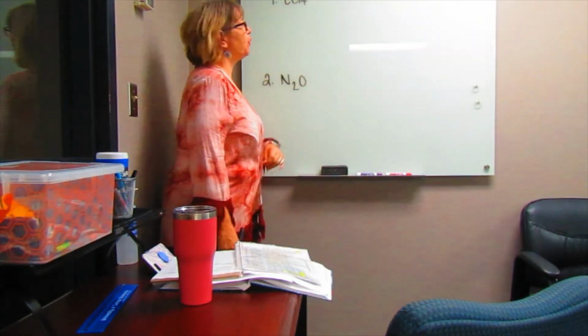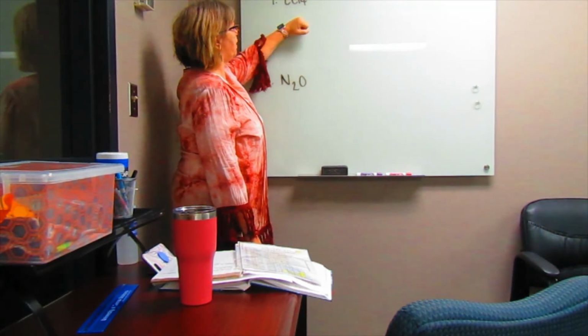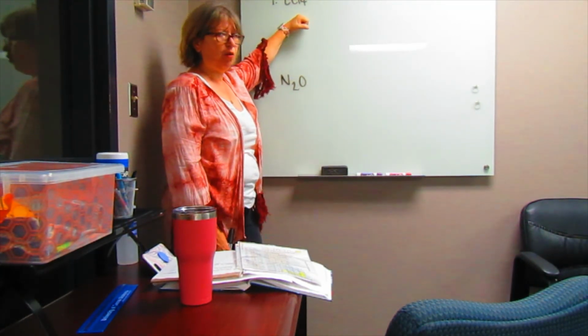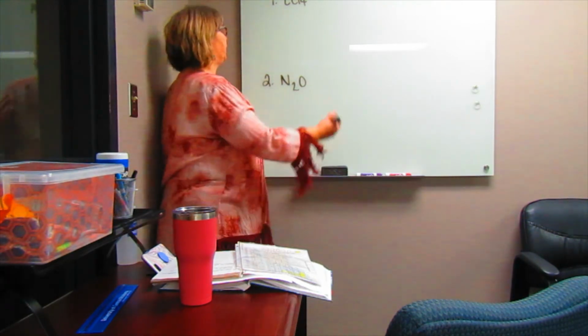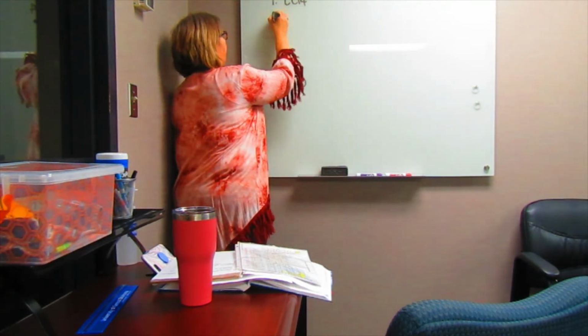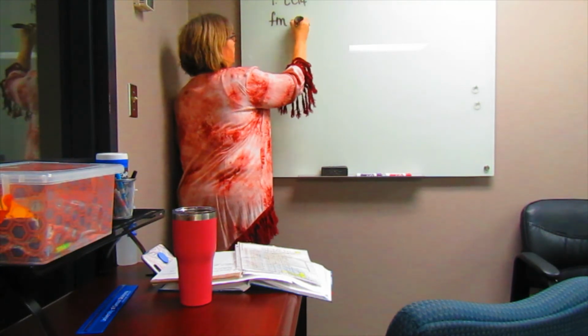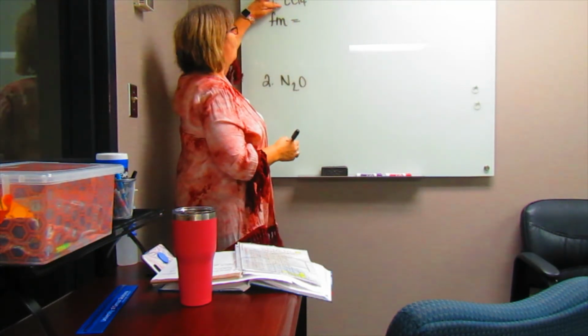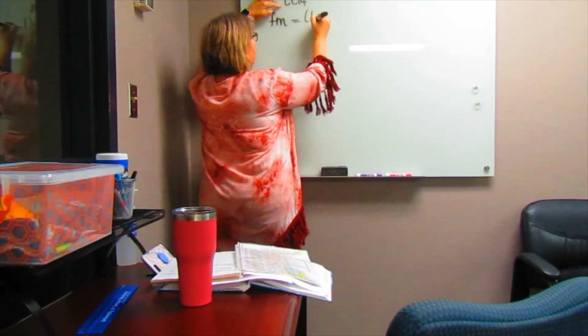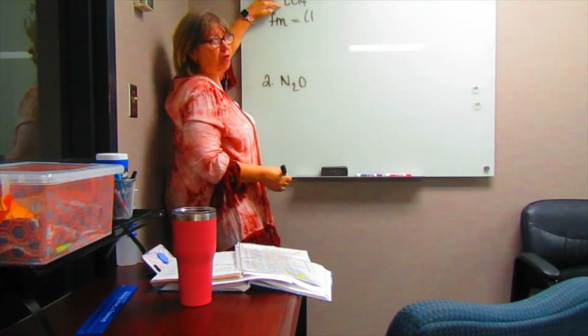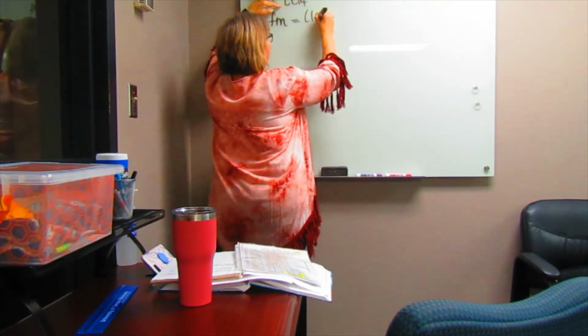Okay, so we're going to calculate the formula mass of carbon tetrachloride. And so based on the formula that I just presented to you, our formula mass is equal to 1 molecule of carbon times the atomic weight of carbon, which is 12.01.